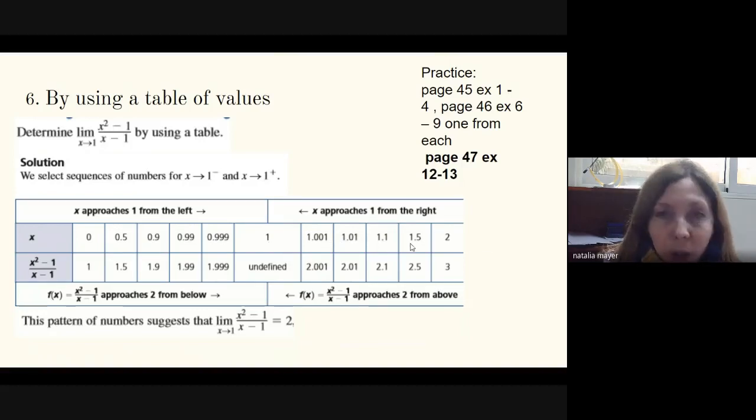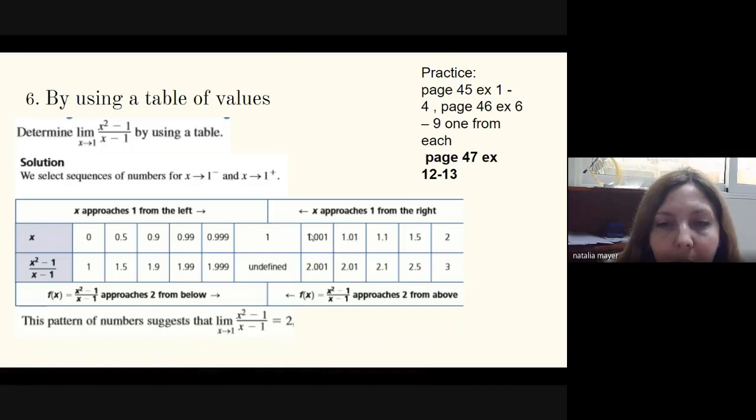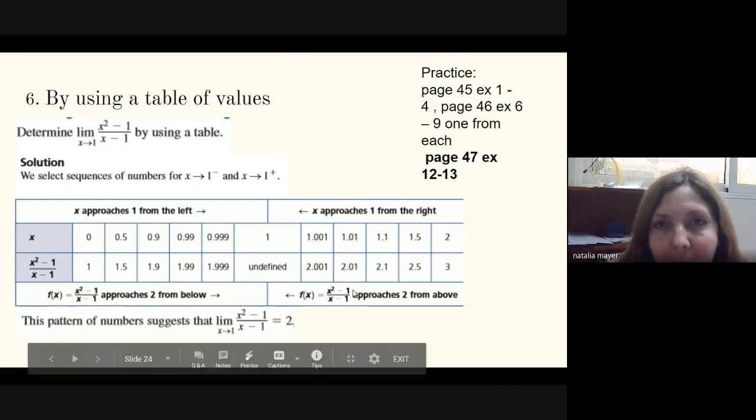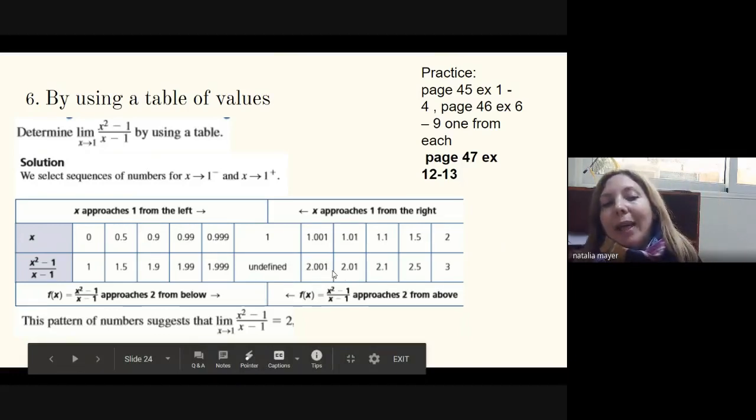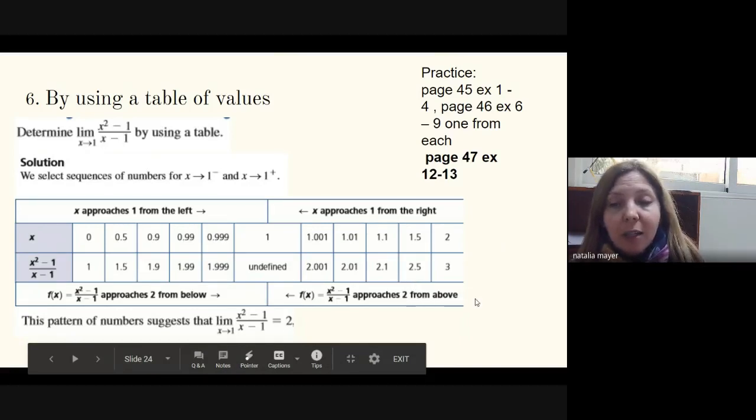You don't have to do 5 values for sure. 2 values will be more than enough. For example, 1.01 and 1.001 show already the pattern: 2.01, 2.001. So again, we're approaching 2, and since 2.001 and 2.01 are higher than 2, we say that it approaches it from above.